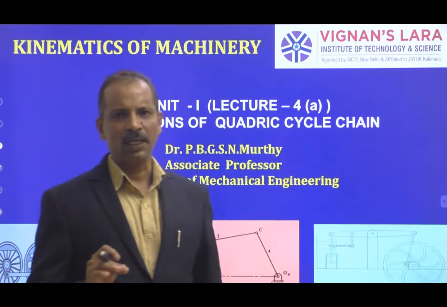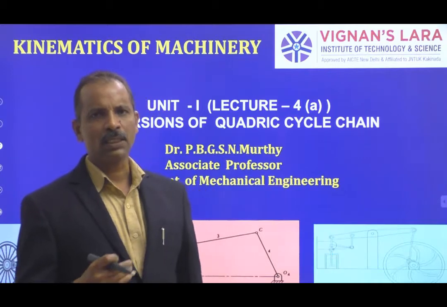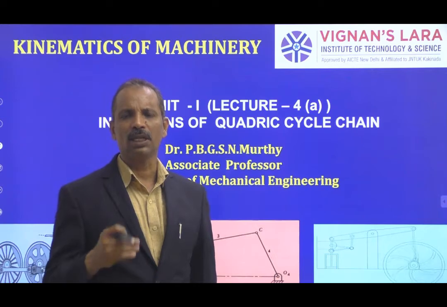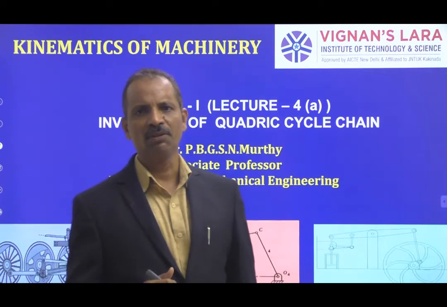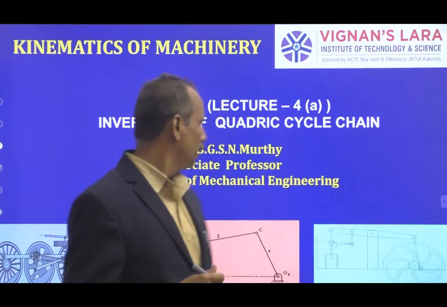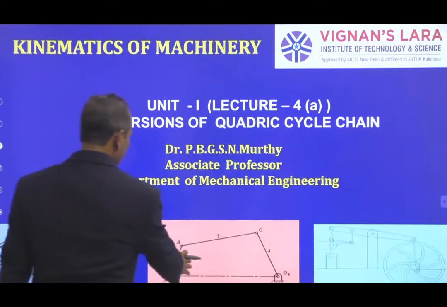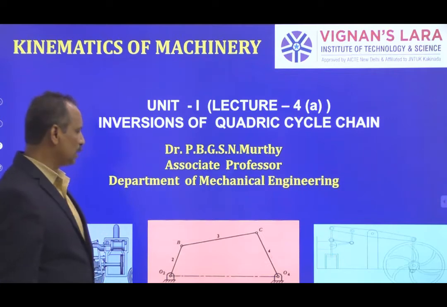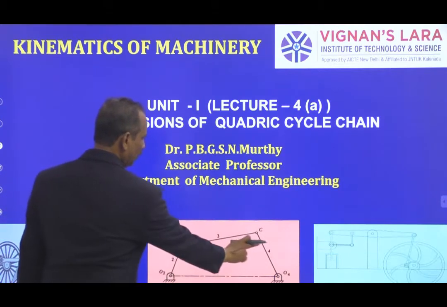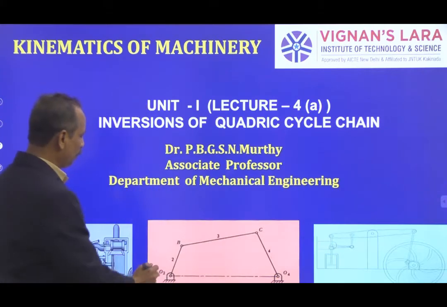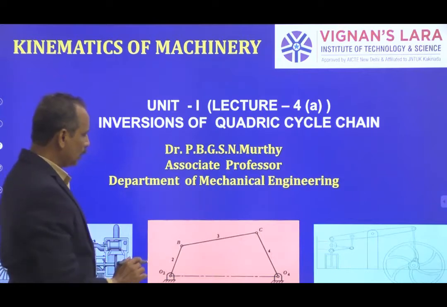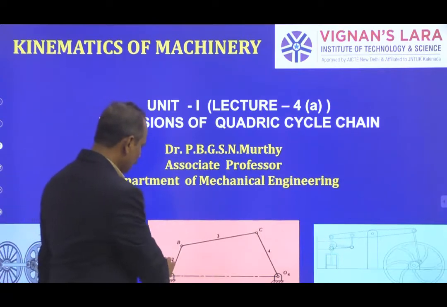So for that, I will first summarize in 5 minutes what a quadric cyclic chain is and the terminology used, and later we will enter into the various inversions in that category. You can see the diagram here. This is a 4-bar chain where 4 links, 1, 2, 3, 4, are connected by pin joints, and these are 4 lower pairs, the pins.